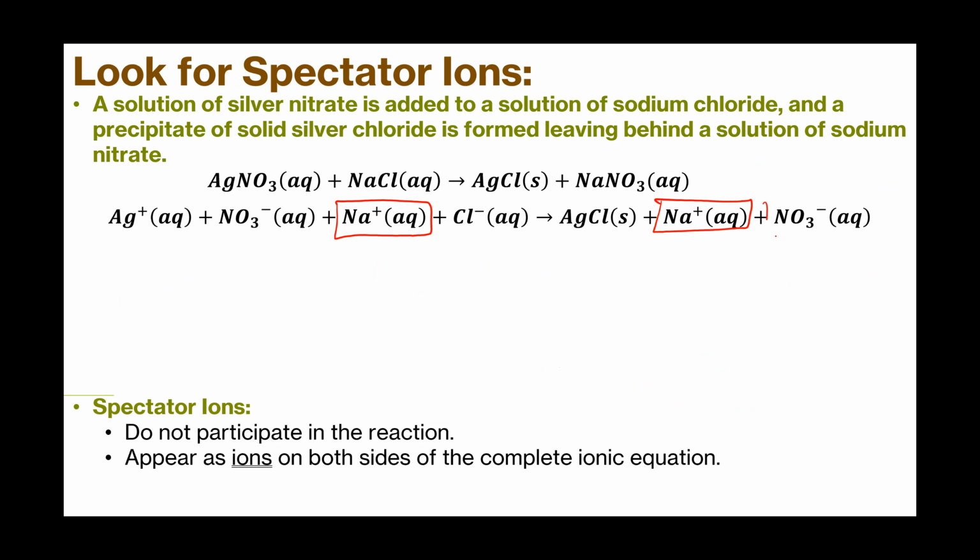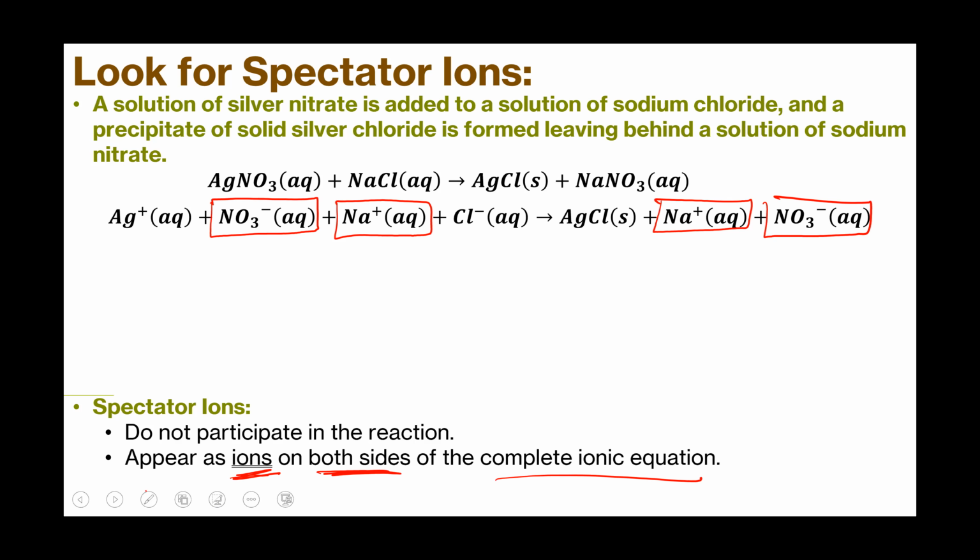We have a nitrate that's aqueous on the product side, and a nitrate that's aqueous on the reactant side. The spectator ions have to appear as ions on both sides of the complete ionic equation. That means they're not participating in the reaction. If you put sodium into the equation and you get sodium out of the equation, the sodium's not doing anything during the reaction.